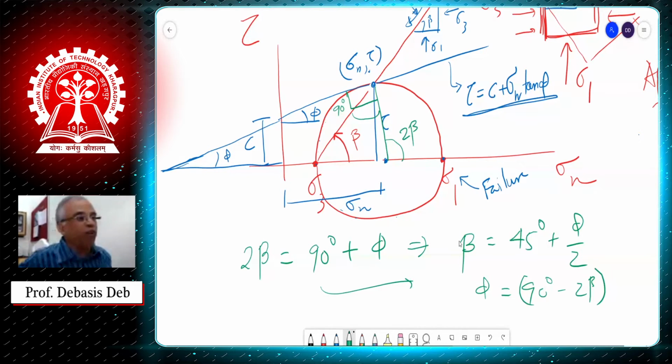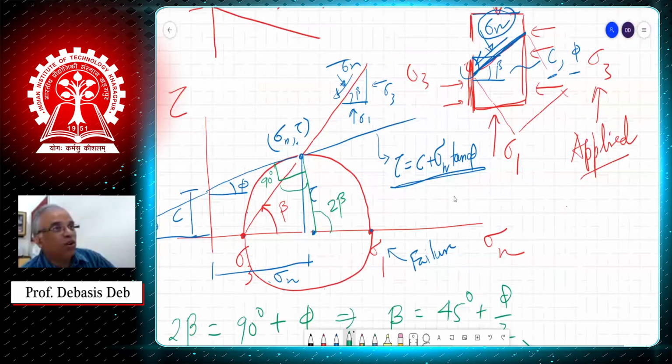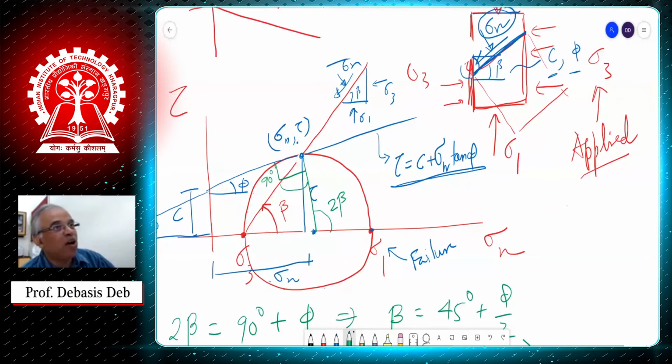So I told you before, phi is one of the material property, the angle of internal friction. So the angle of internal friction, I may be able to calculate if I know this angle beta. That means at what angle this has failed.